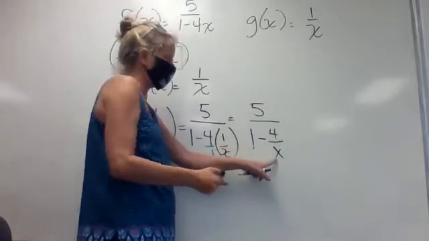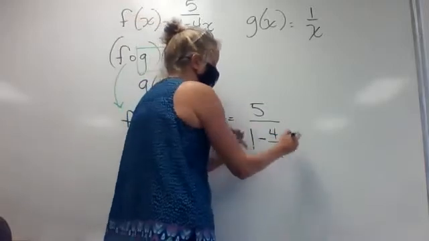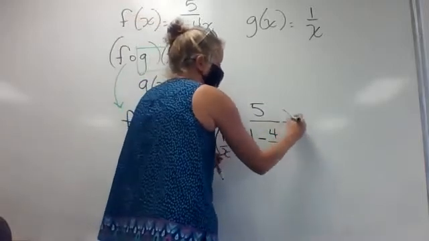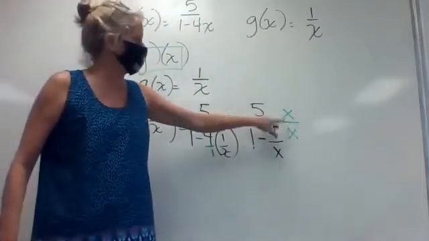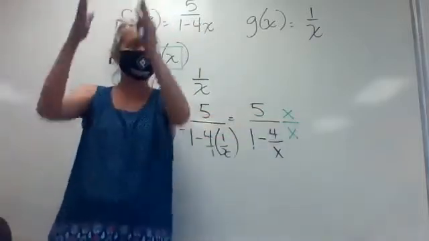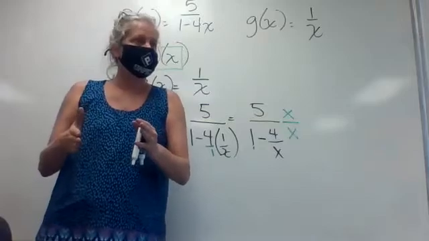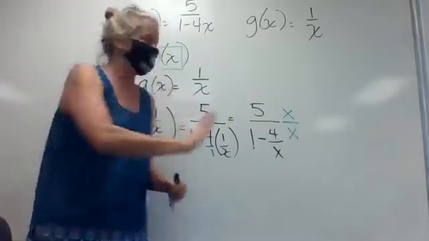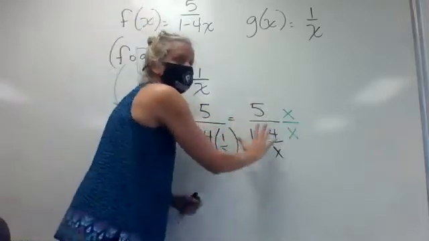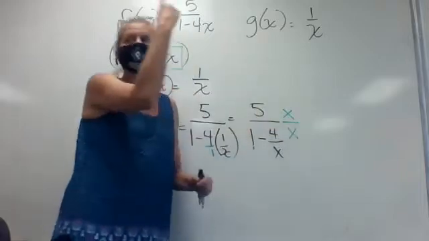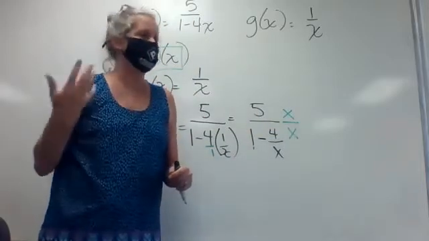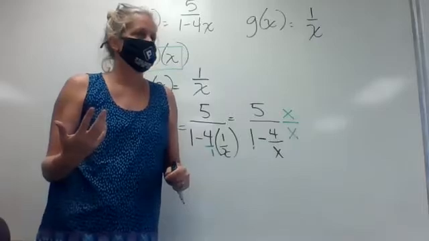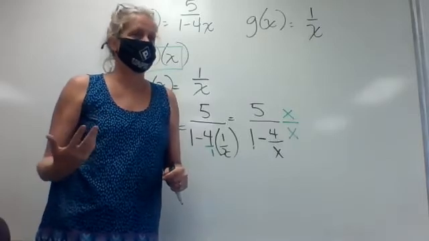So whatever this denominator is, that's going to be your fancy 1. I'm going to multiply the top and the bottom by x over x. I have to do it in the top and the bottom because that's what makes it 1. Right? X over x is just 1. So I'm just multiplying this fraction times 1, which means I'm not changing the amount of it. I'm just going to write it in a different way.